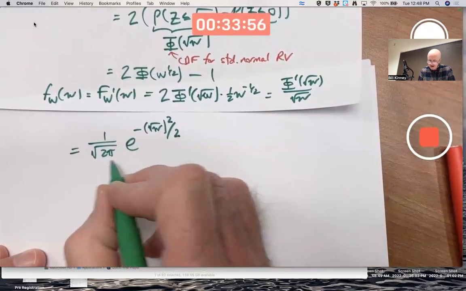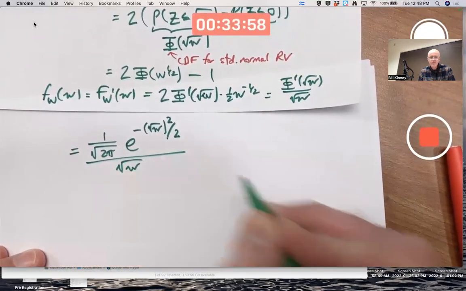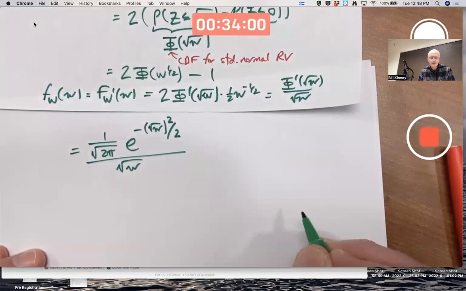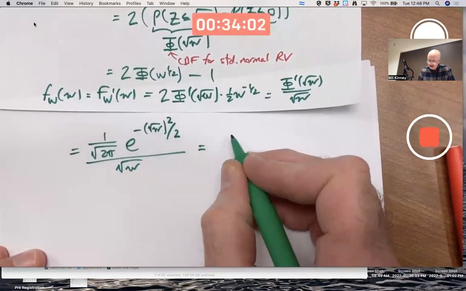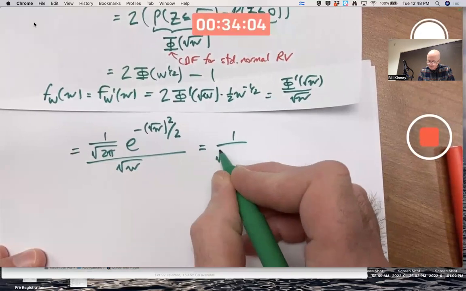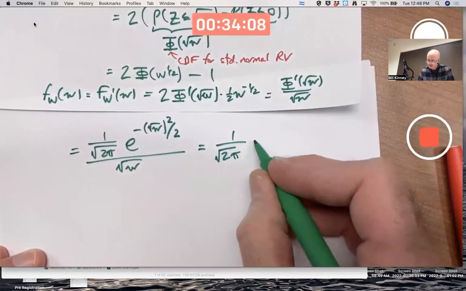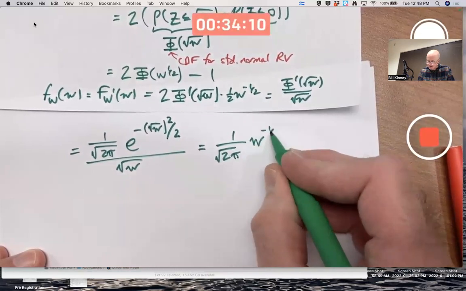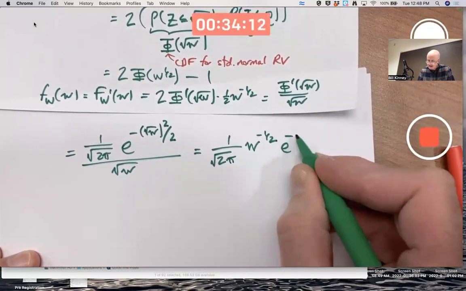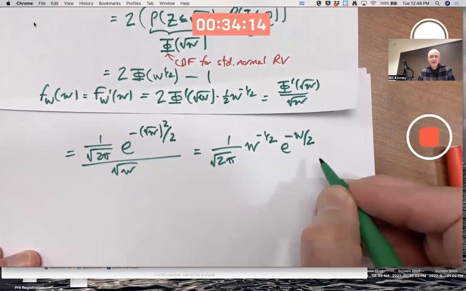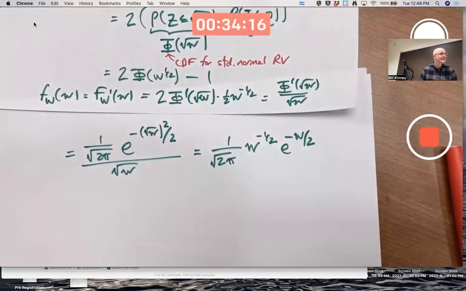And then don't forget to divide all this by square root of w. Simplify. I think I want to bring that square root of w into the top as a w to the negative 1/2. This is looking promising, I think.